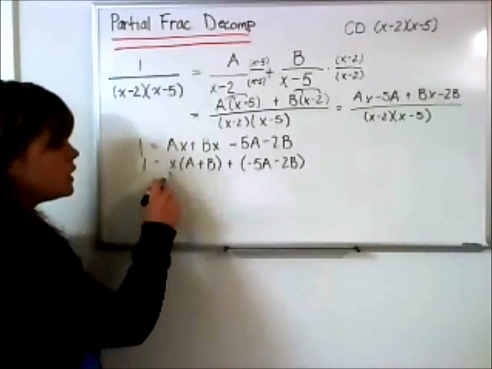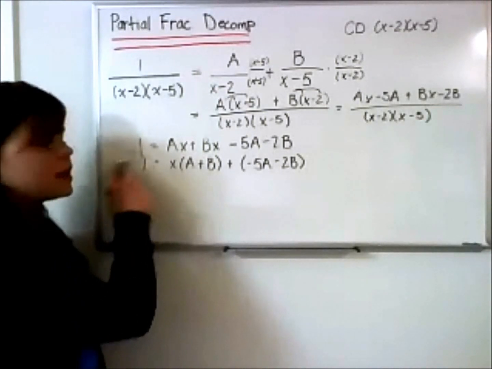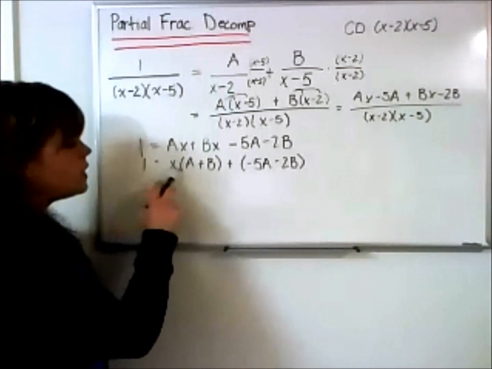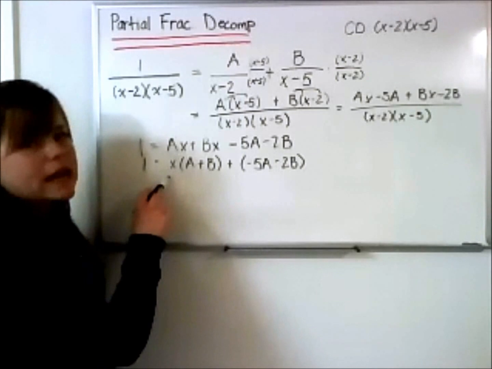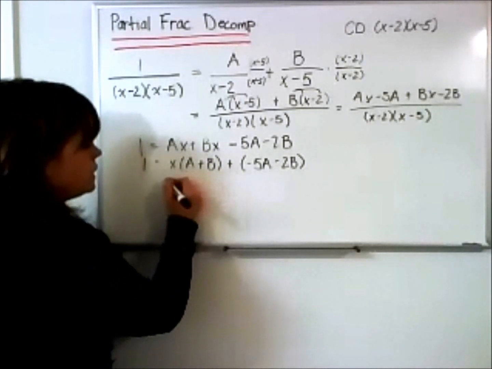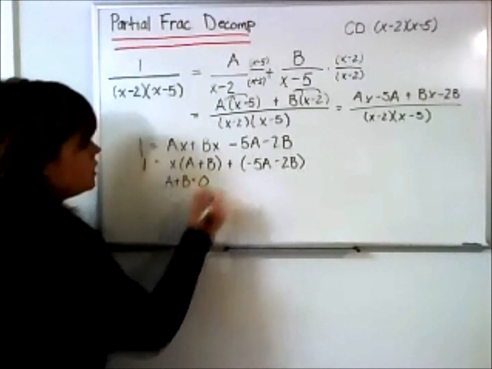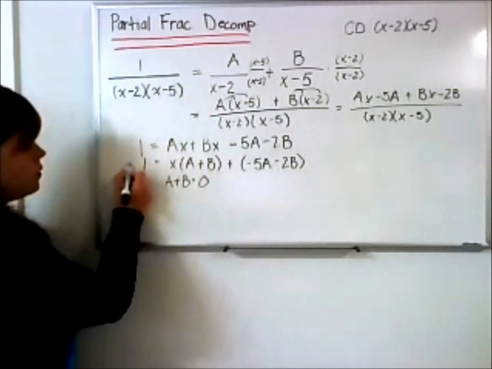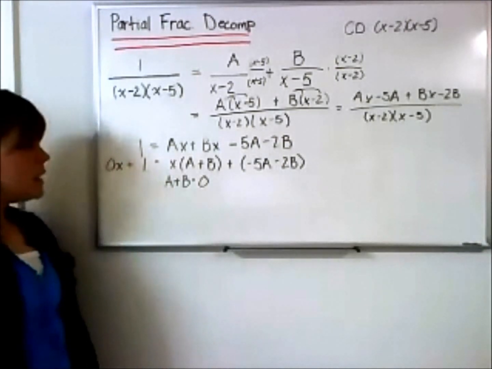So let's see, if you look at this term, it has an x in it. Notice how there are no x terms on this side. So therefore, if A and B are constants, and we're assuming that x is not equal to 0, A plus B must equal 0. To make that more explicit, technically what we have over here is a 0x being added to that.